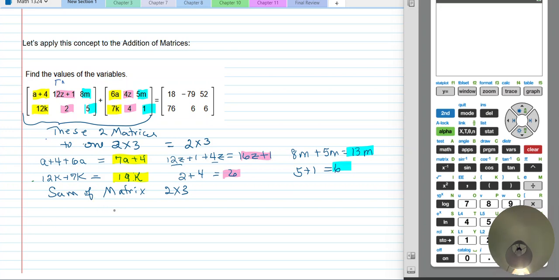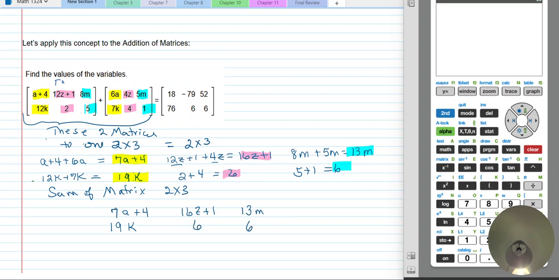So I'm going to have 7a plus 4. And then I'm going to have 16z plus 1. And then I'm going to have 13m. My second row is 19k. And I have a 6. And I have a 6.